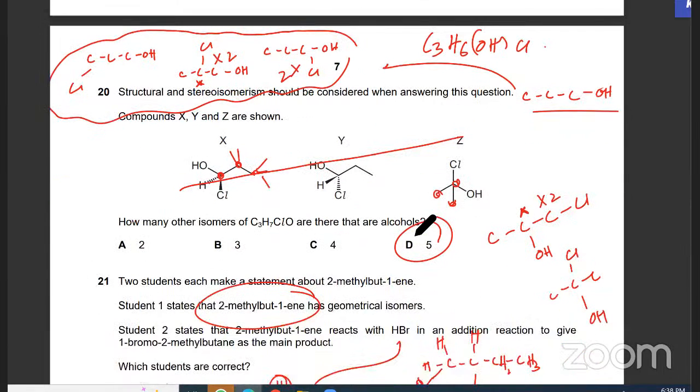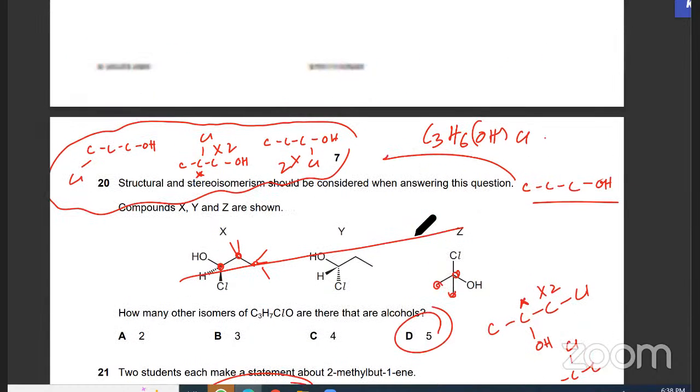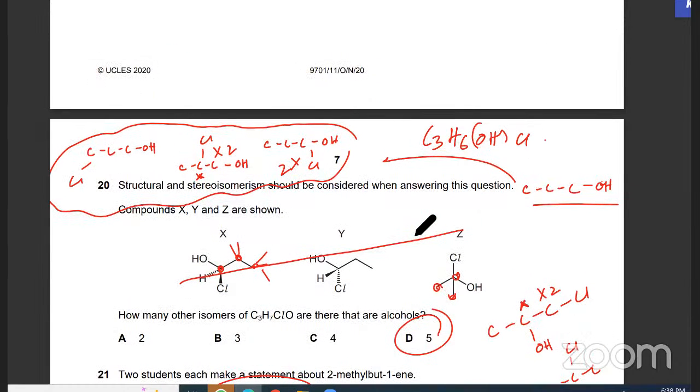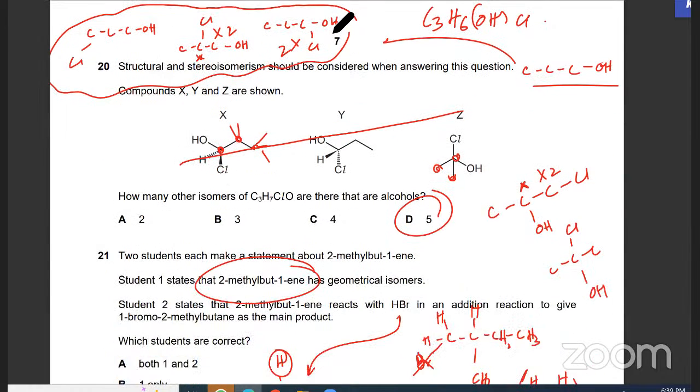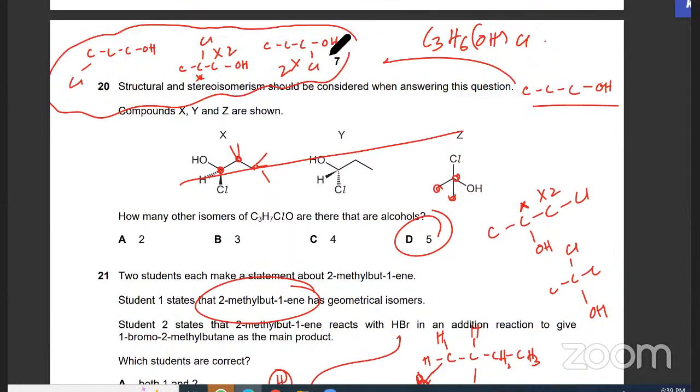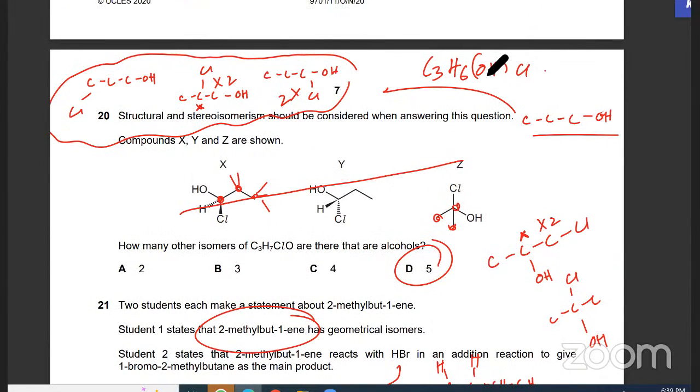Okay, clear? Yes. And just make sure that you don't miss out on any isomers. Do it systematically. The first thing I did was I fixed the position of the OH. In this molecule, I had 2 things that I could move around: OH groups and Cl groups.